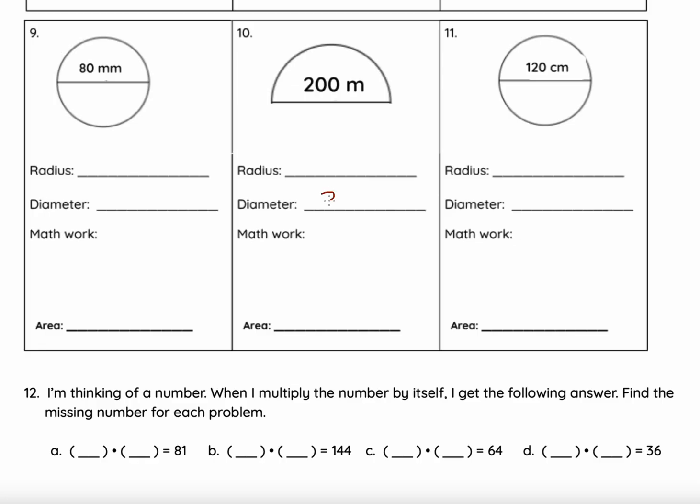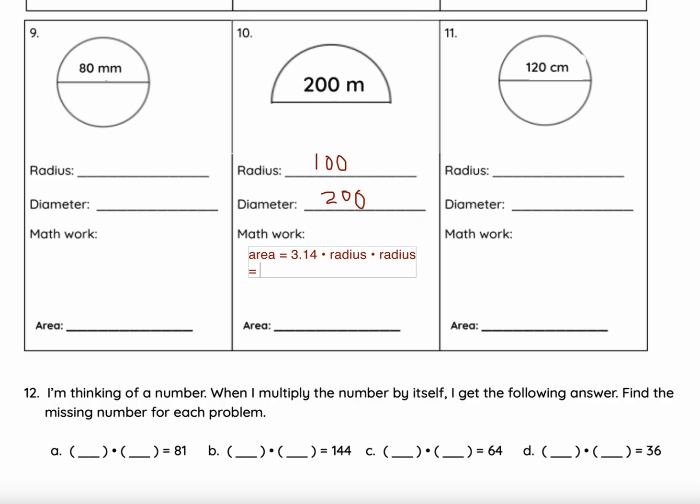So the diameter is 200, which means that the radius must be half of that. So the radius must be 100. Once again, we'll use our formula. Area is equal to 3.14 times radius. And we'll fill in 100 for the radius.